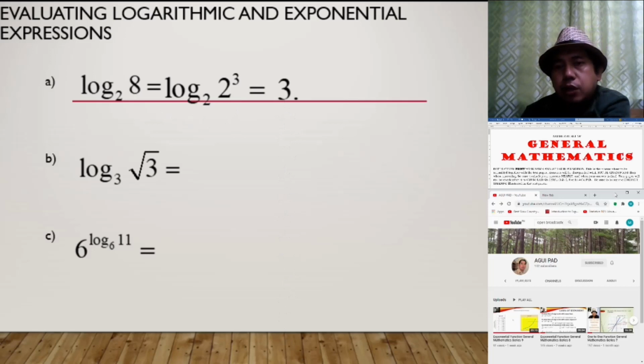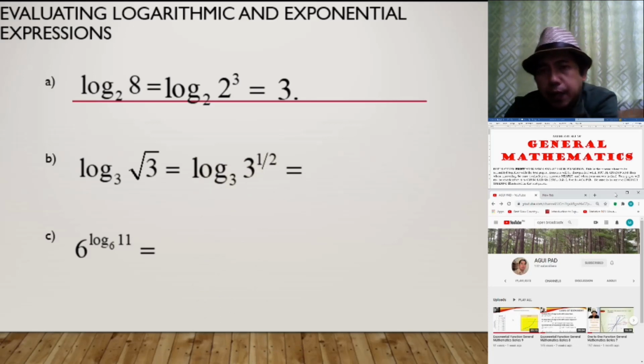Okay, so what about if we are going to have log of the square root of 3 with a base of 3? Now, how are we going to solve for that one? The square root of 3 in here can be converted into its exponential form.